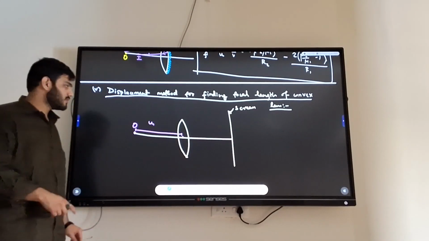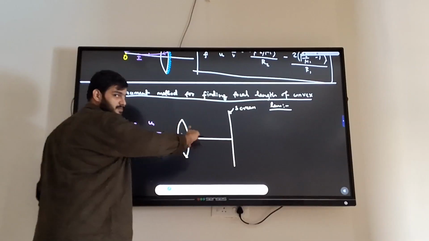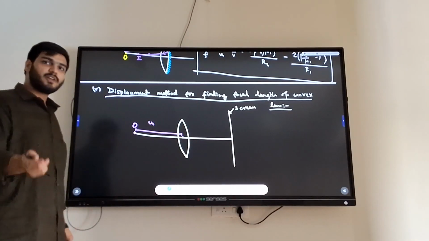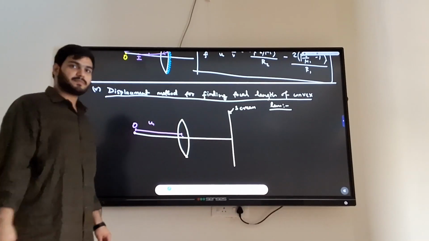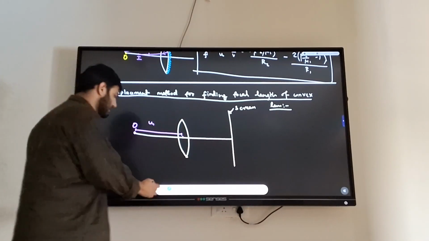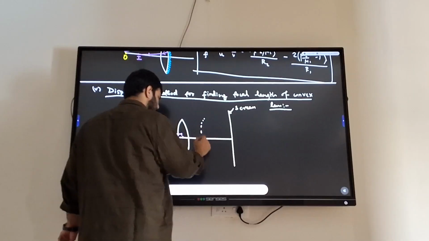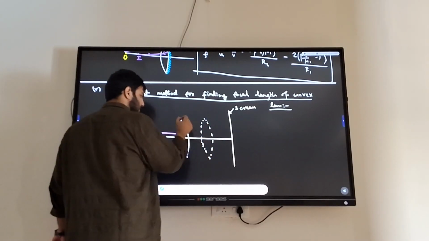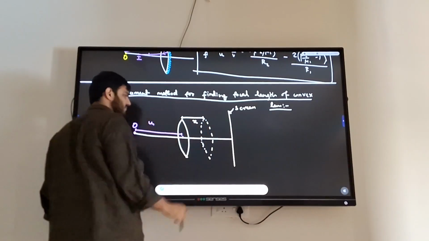Now you displace your lens, moving it back and forth. At some point you will find the image again, sharp. Say you displaced it and came here. This is your next position, and the distance moved is x.